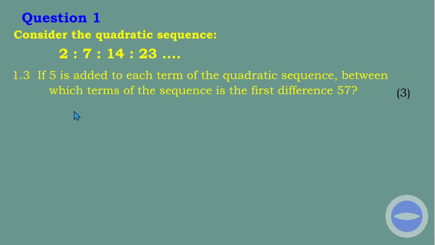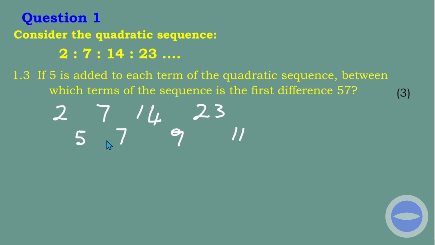Let me write the sequence first: 2, 7, 14, 23. And then the first differences are 5, 7, 9, 11. If we look at the first differences, it's a linear sequence.